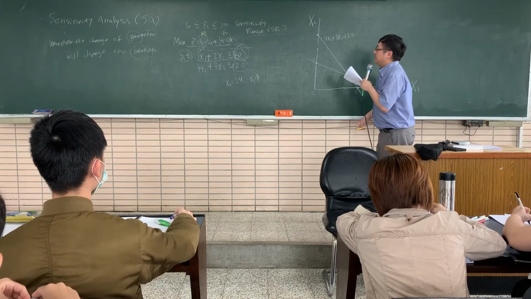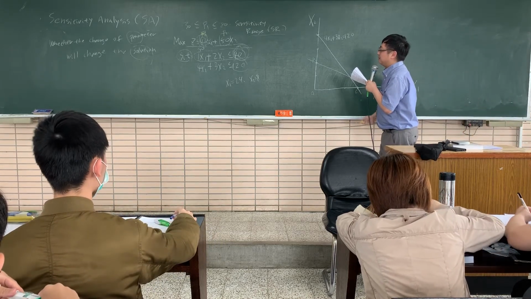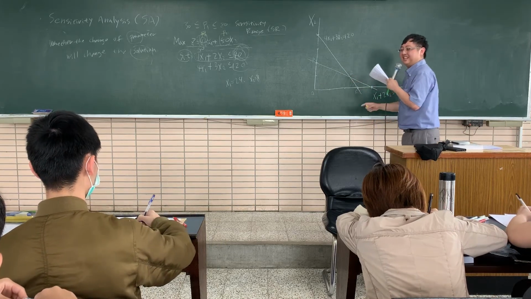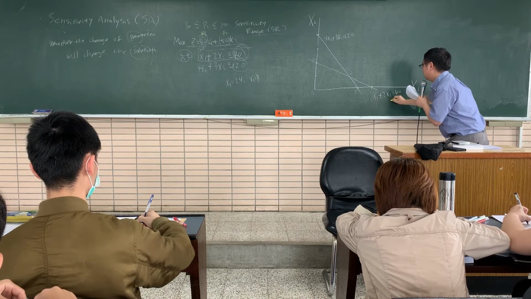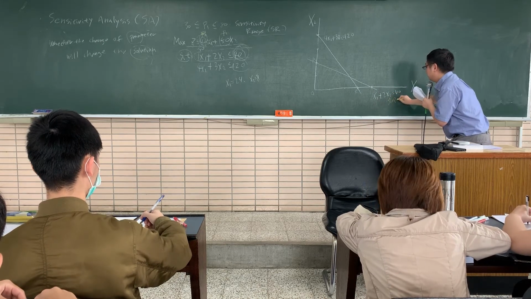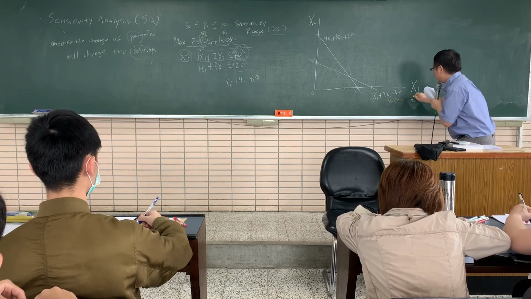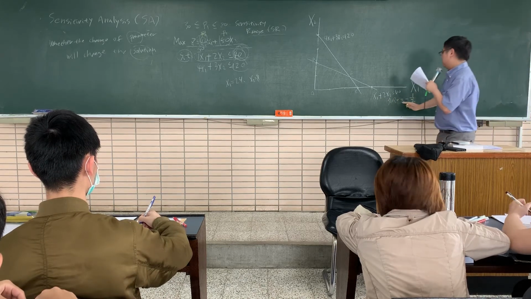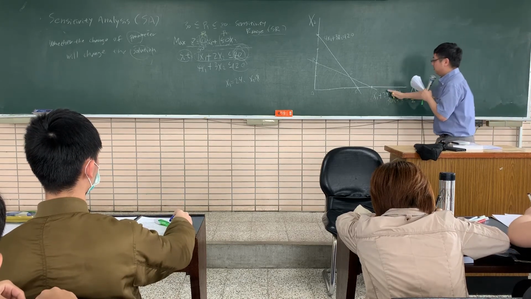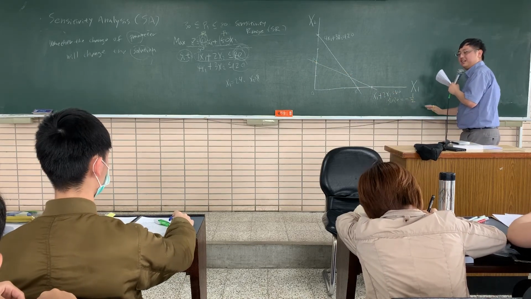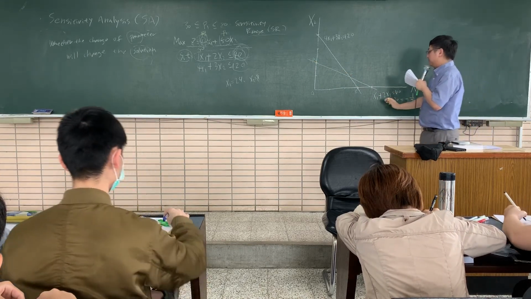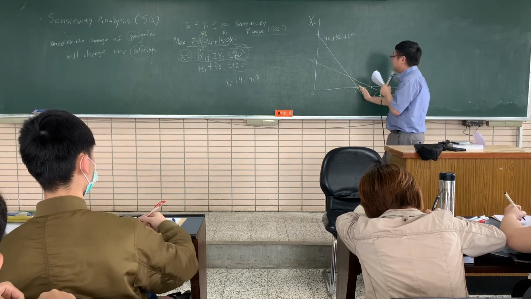First, we calculate the slope for each line. This is for this constraint. This constraint, the slope. This constraint slope is minus 0.5. And for this constraint, the slope.